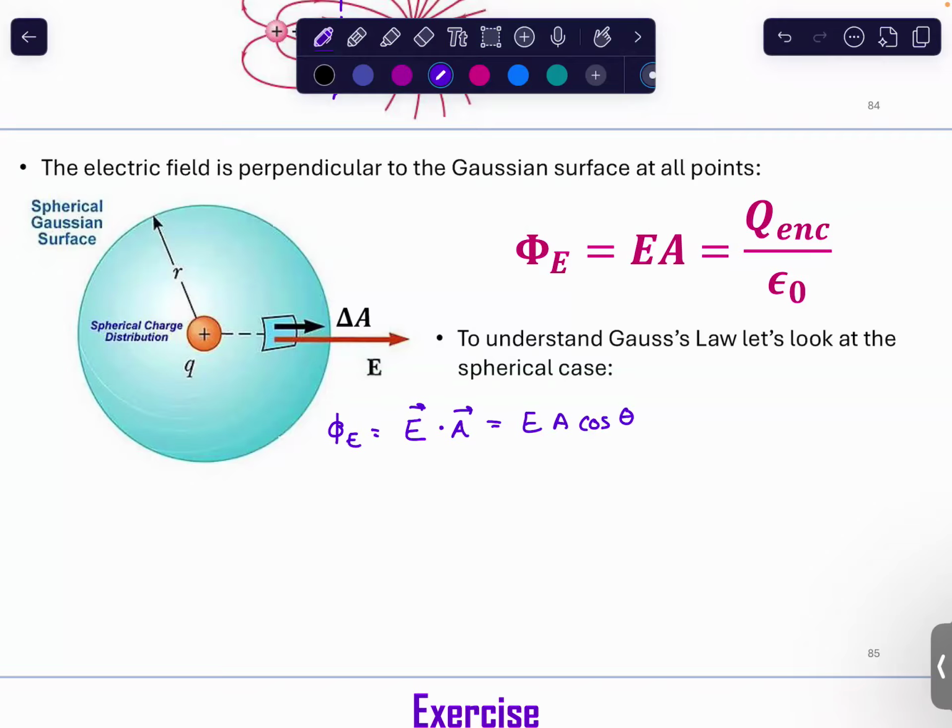Look at the delta A, the area element and its vector, and the electric field. What is theta between those two? 0. That makes cosine of theta 1. So Gauss's law is E times A.